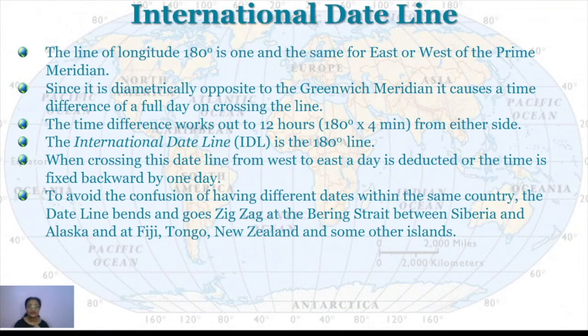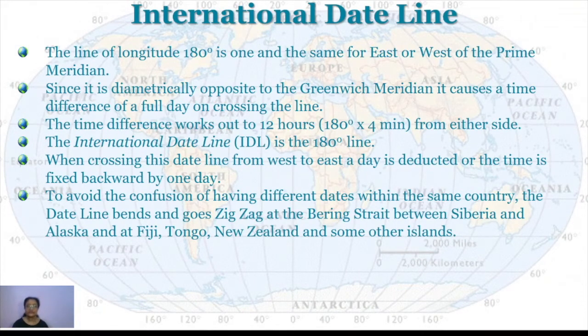So to get rid of this confusion, the international date line has been drawn in such a way that it has become zigzag at several places. Wherever it is going to cross any island, it just moves to the other side, and again it comes back to its own position. So this is the purpose behind the zigzag of the date line.